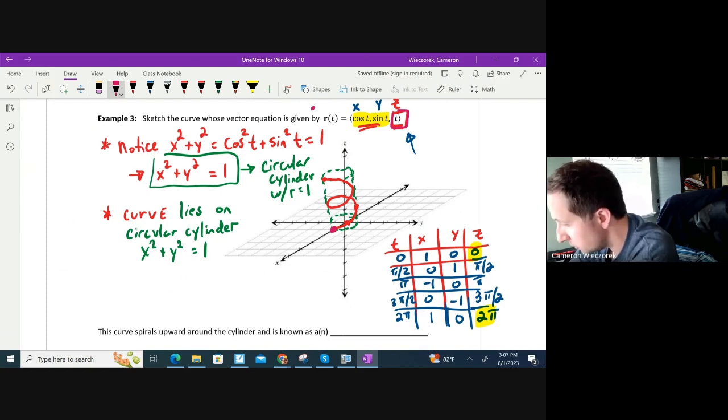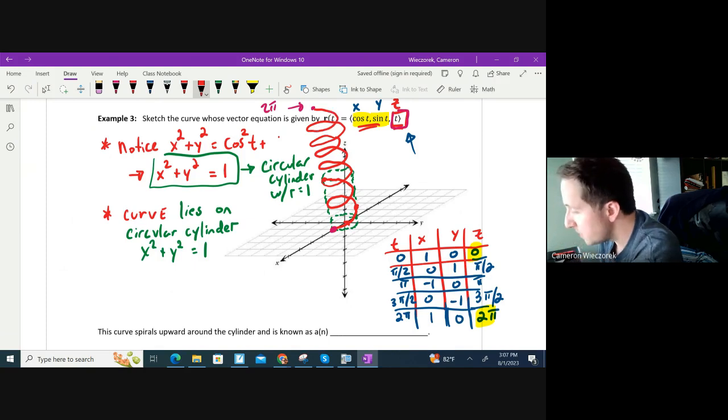This height up here would be essentially your 2 pi, your 6.28, but the x and y coordinates are going to be 1 and 0. So we end up continuing. It's growing at this linear rate. I'll erase this to keep my slinky going. There's our final, and that would be if I stopped at 2 pi.